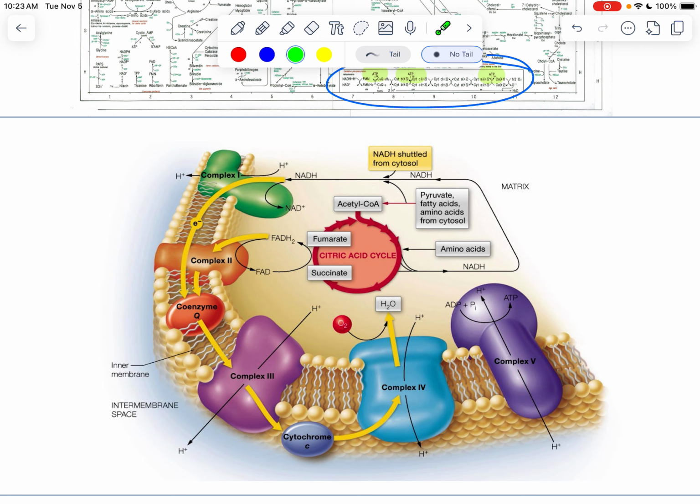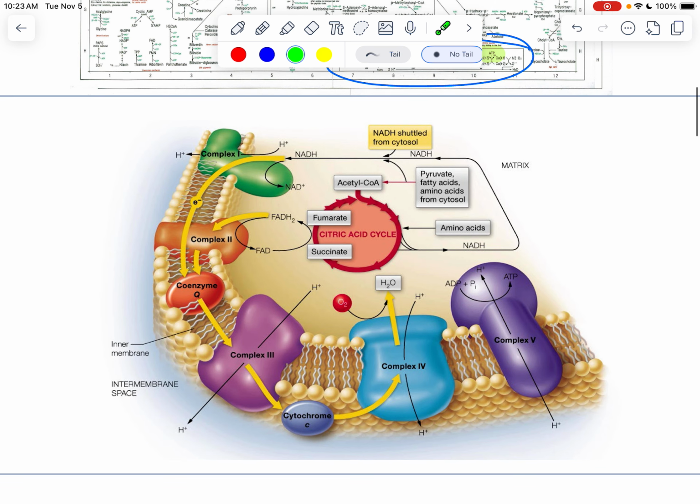And the key function of that citric acid cycle was to harvest those high energy electrons from the carbon fuels. And today we're going to be talking about coupling the electron transport chain, which was all of these first four complexes, to our ATP synthase, that complex 5 in our cartoon.